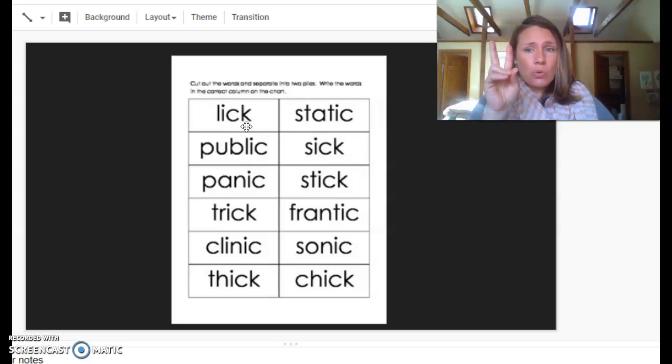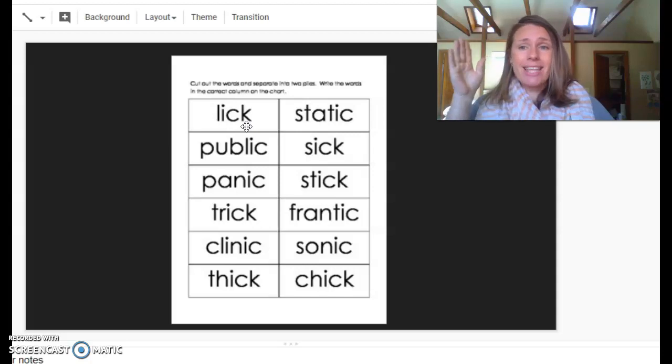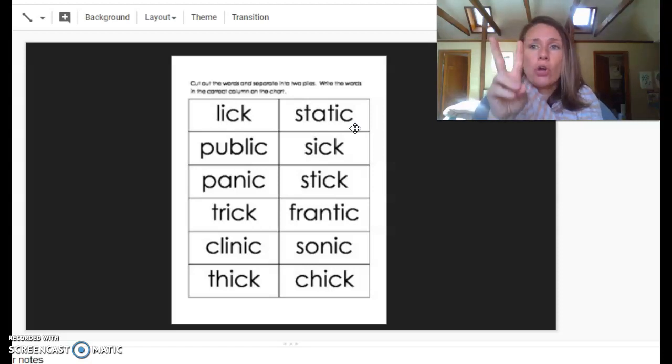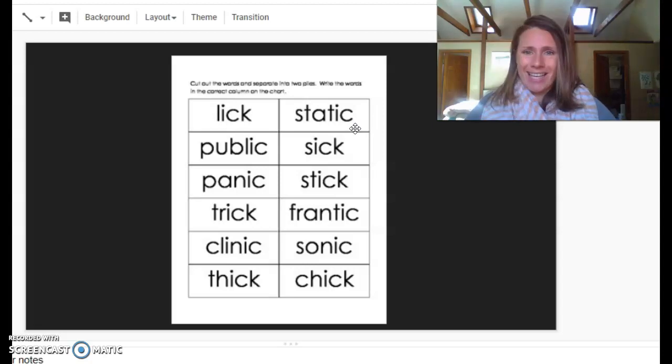When it's a two-syllable word and it's at the end of the word, it's not CK anymore. It's just IC for ick. I know this is tricky, but you can do it. So guys, one-syllable word with ick at the end, it's CK. Two-syllable word with ick at the end, it's IC.